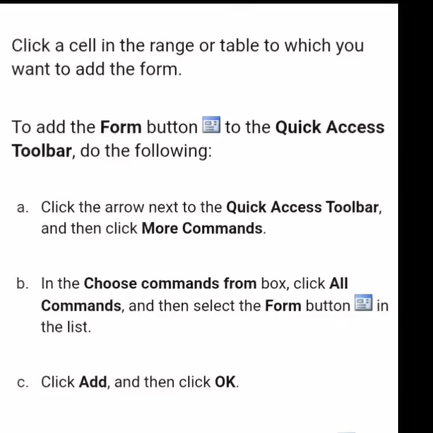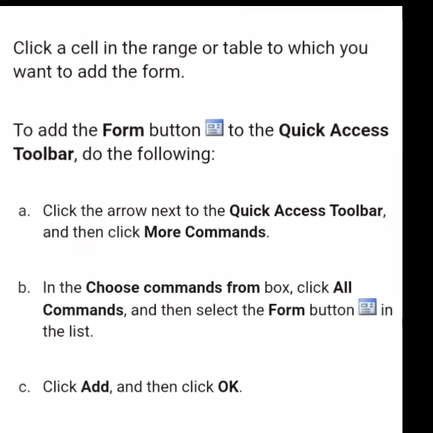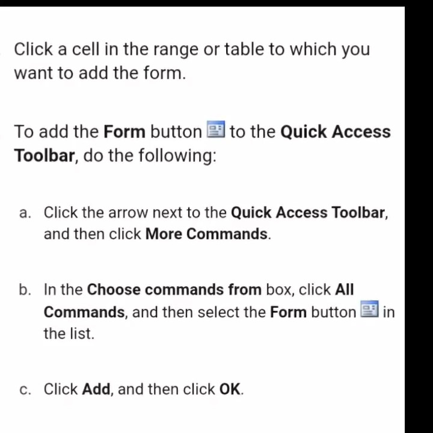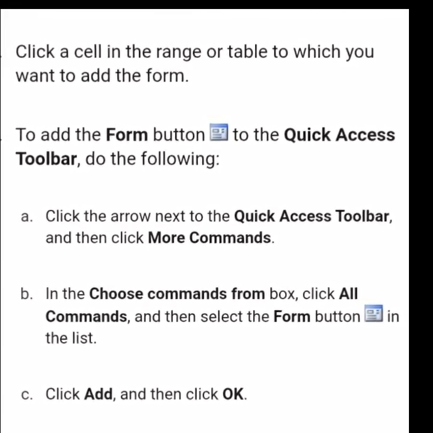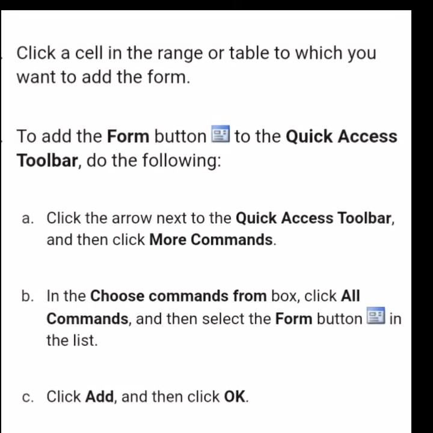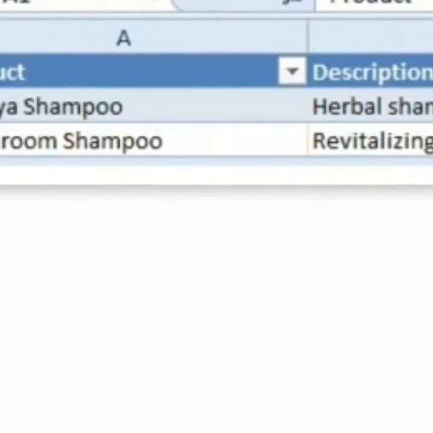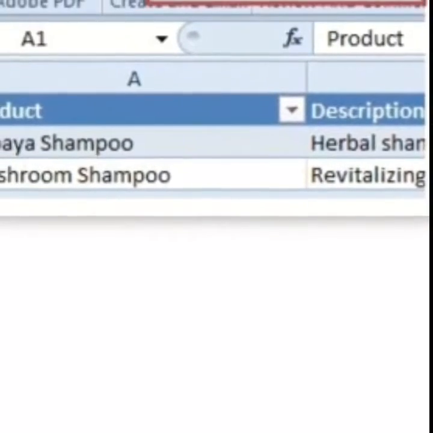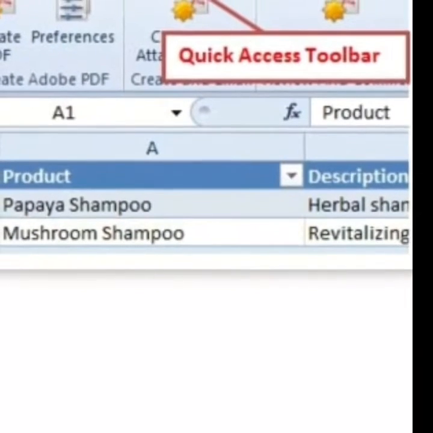Form is a hidden feature of MS Excel. This feature we have to enable from the given steps. As we activate the form, it will display in the Quick Access toolbar.